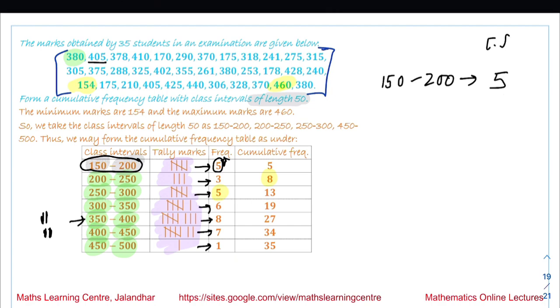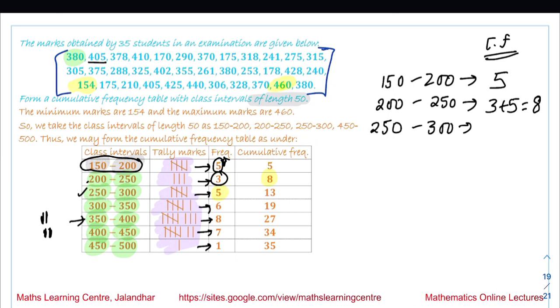We write CF for cumulative frequency. Next, for the class 200 to 250, the frequency of this class is 3. The frequency of the previous class is 5. We have to add that also, and the answer is 8. Next is 250 to 300. The frequency of this class is 5, the frequency of the previous class is 8, and before that it is 5. So the total answer is 13.